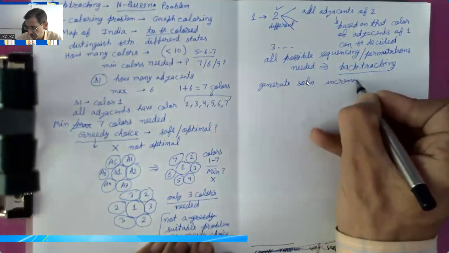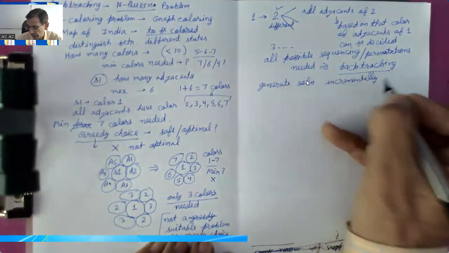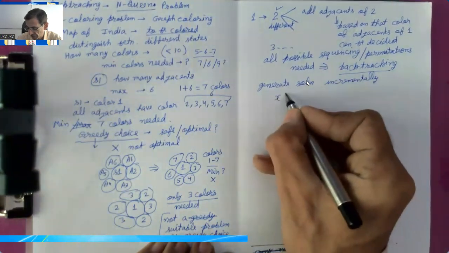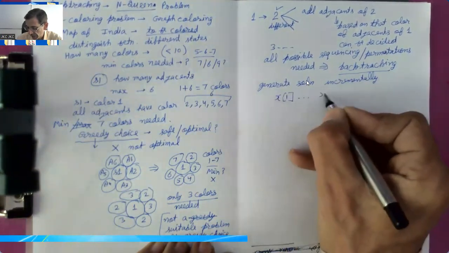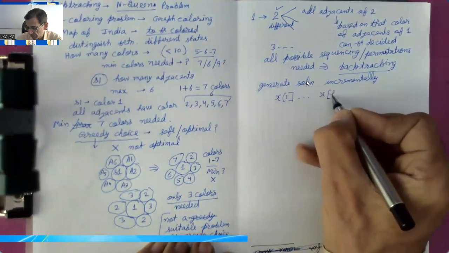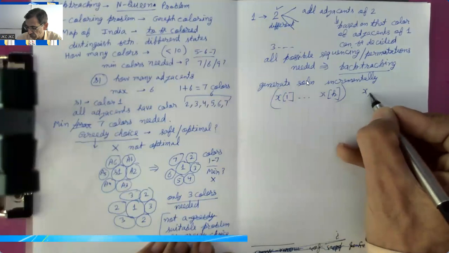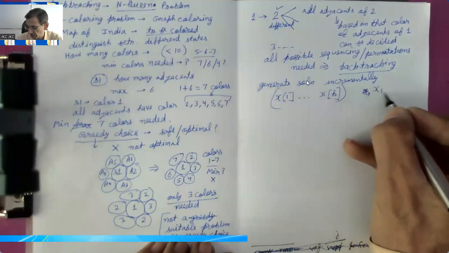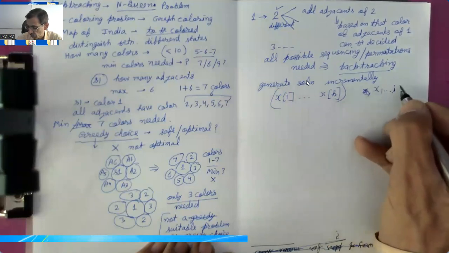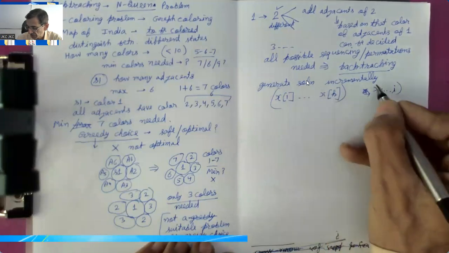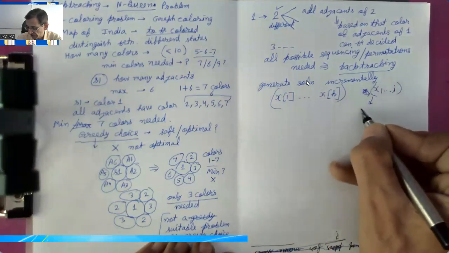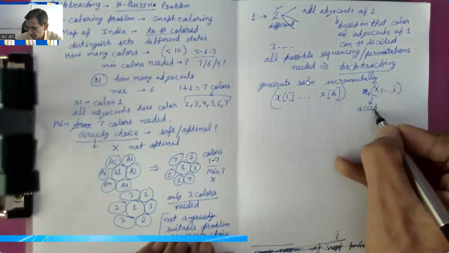Incrementally means I should aim to program in a way that x1 to xk is being generated, or the solution of x1 to xi is ready, and this is to be checked whether acceptable or not.